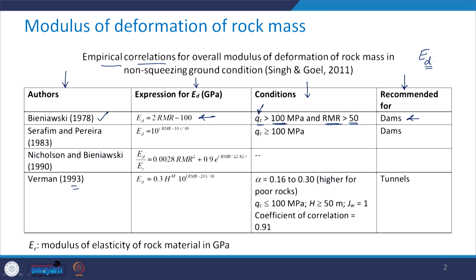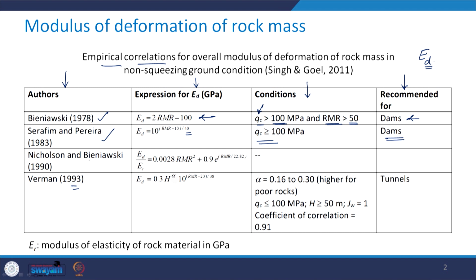Here this QC is the UCS of the intact rock. Then the next quite popular expression was given by Serafim and Pereira, that is Ed equal to 10 to the power (RMR minus 10) upon 40, where the UCS is more than or equal to 100 MPa, and this was also recommended for dams.